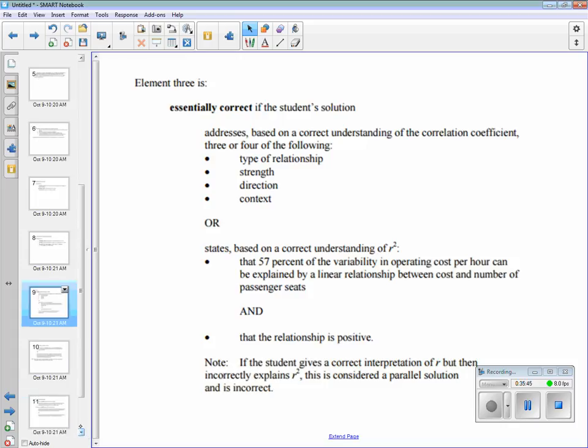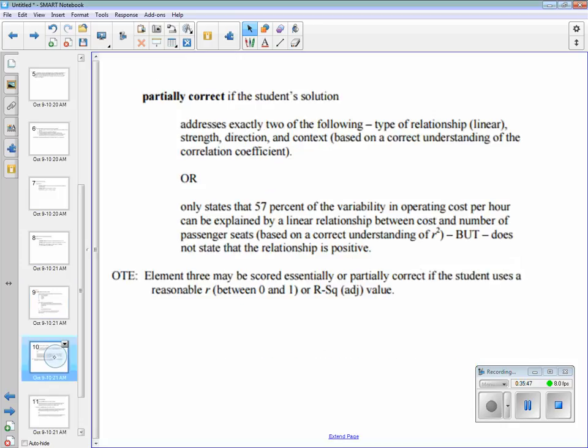So let's see what partial would be. Partial would be 2 of the following. If you forgot the word linear, you got a P. Strength, direction, form. Do you see why I'm telling you these acronyms, to help you remember all of the pieces? I'm hoping that helps you get everything you need. E or a P? Doing good so far?